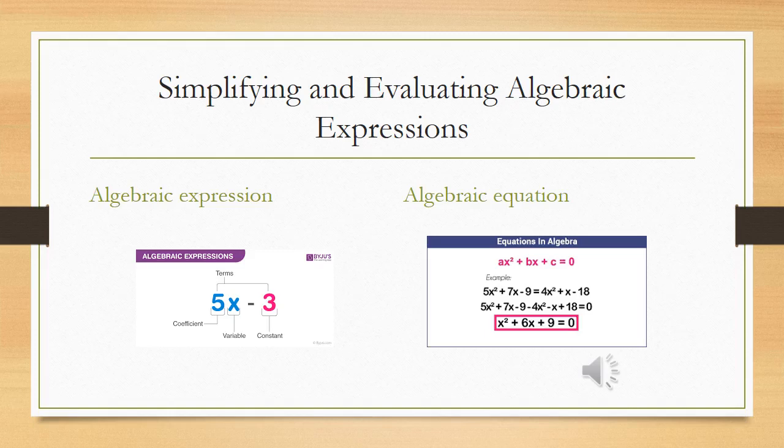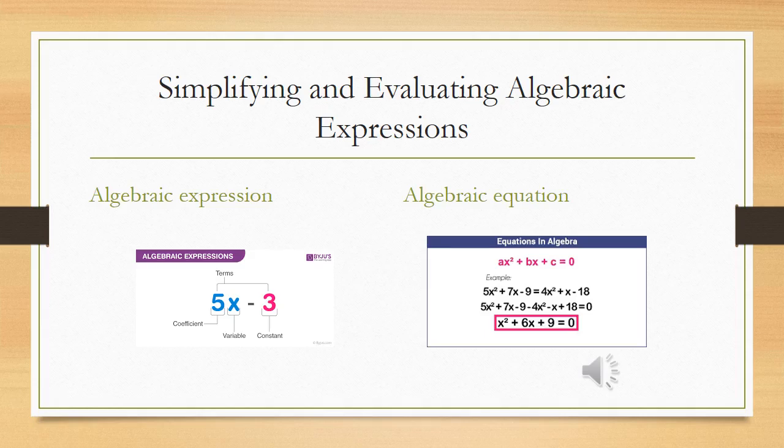So, in the first column, we are seeing an expression that is called an algebraic expression. So what is the difference between the algebraic expression and the algebraic equation? In the algebraic expression, we have a number with a variable and a constant.